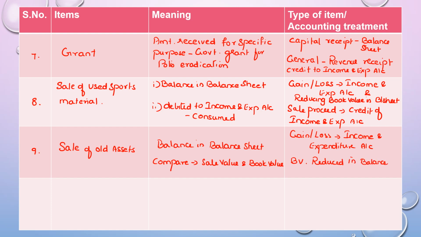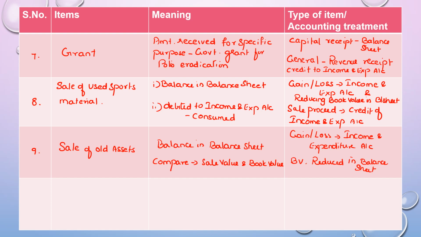So if, as I told you, if it is sold for a gain, suppose the book value is 2,000, sold for 2,200, the 2,000 would go, reduce the book value in the balance sheet to 0, and the 200 extra that is being received goes to the credit side as a gain on sale of that asset in the income and expenditure account.